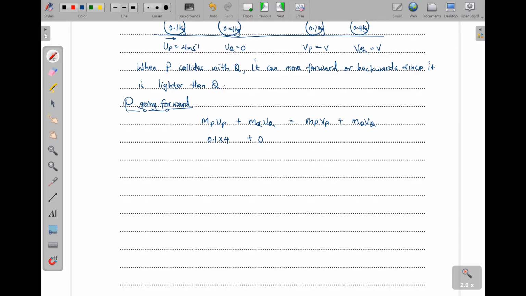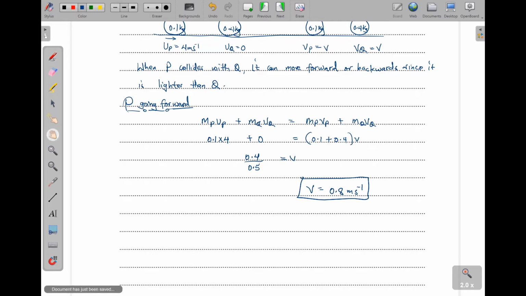For Q, it has 0 momentum because it is stationary. Since they have the same velocity V, I'll just add the masses: 0.1 plus 0.4, times V. So this will be 0.5 V. Here we have 0.4, and I will divide by 0.5 to get V. So for this case, V is equal to 0.8 meters per second.